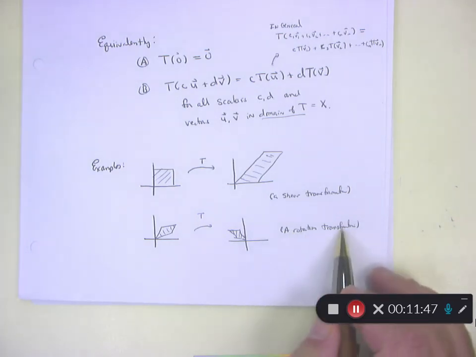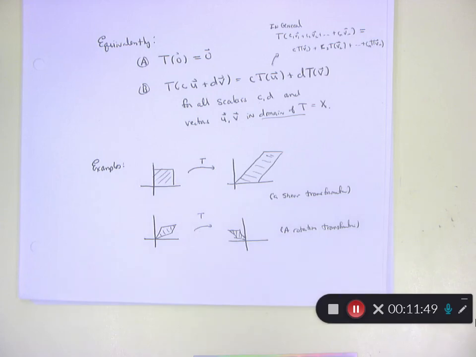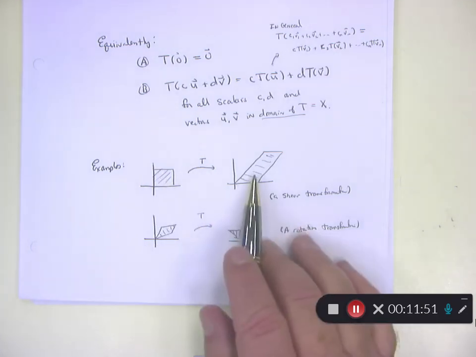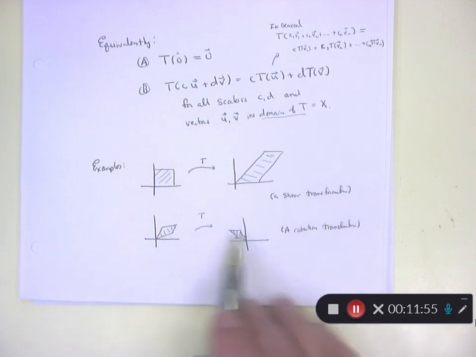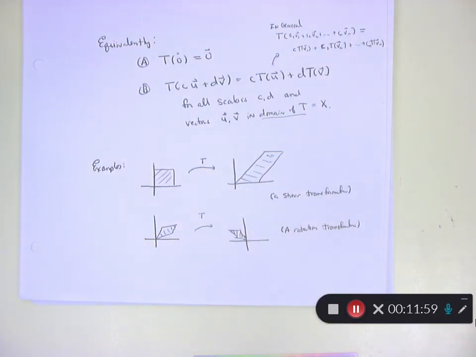A rotation transformation is also a linear transformation. Stretching things out and shearing them off, and rotating, are classic examples of what linear transformations will do to a particular set of vectors. I'm trying to give you more of a visual perspective of what linear transformations do for you.